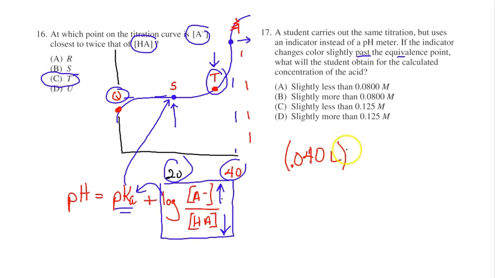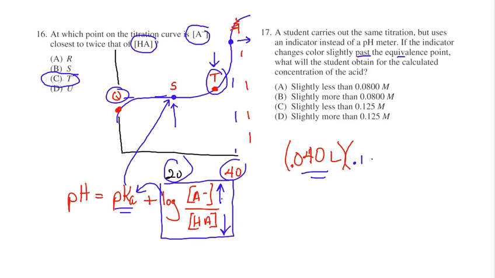So 0.04 liters is the amount of base we had to add to reach the equivalence point. We're going to multiply that by the concentration of the base, which was given to us in the beginning of the question as 0.100. So I'm going to multiply it by 0.1.